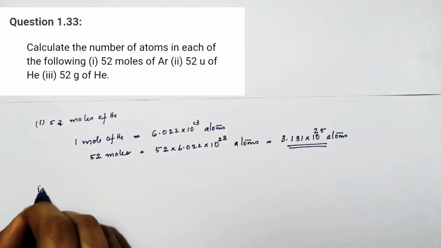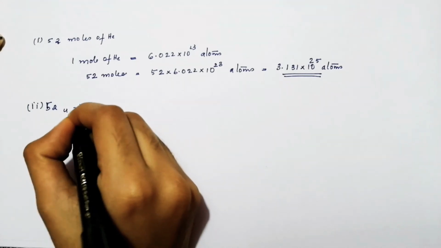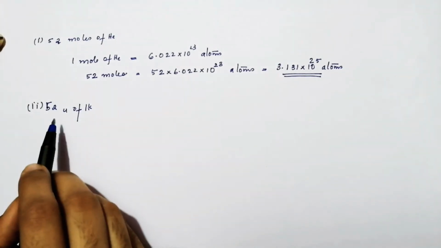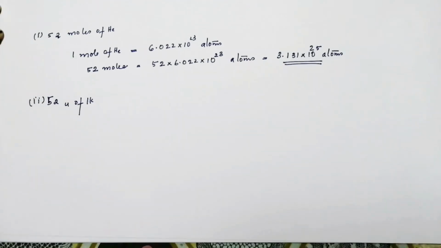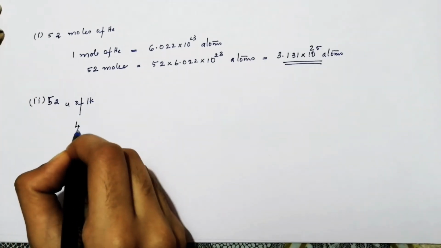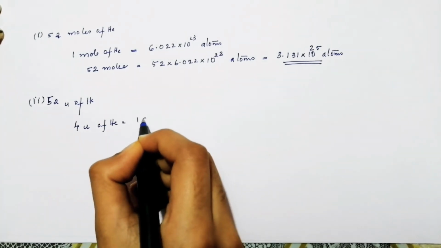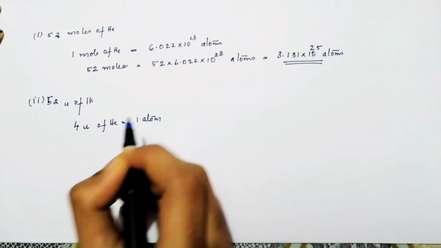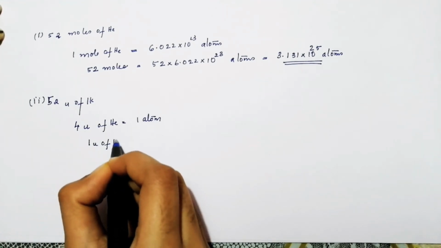Now for the second question, we are asked to calculate for 52 U of helium. This U is atomic mass unit or unified mass. We know that 4 atomic mass unit of helium is equal to 1 atom. Now let us calculate what is 1 atomic mass unit of helium.